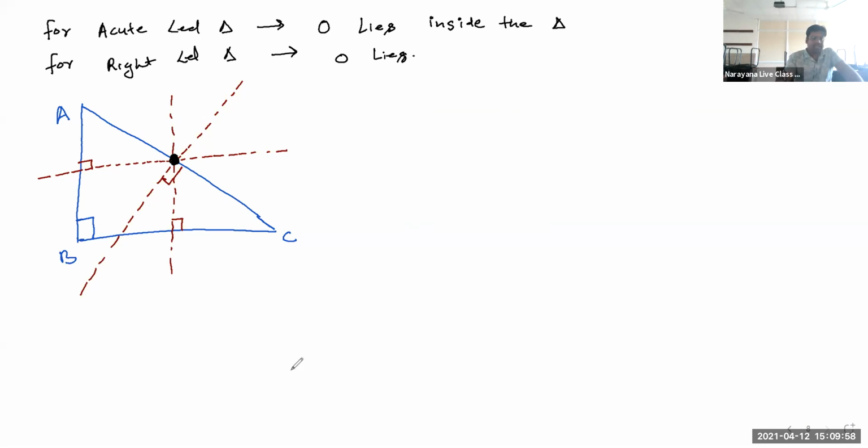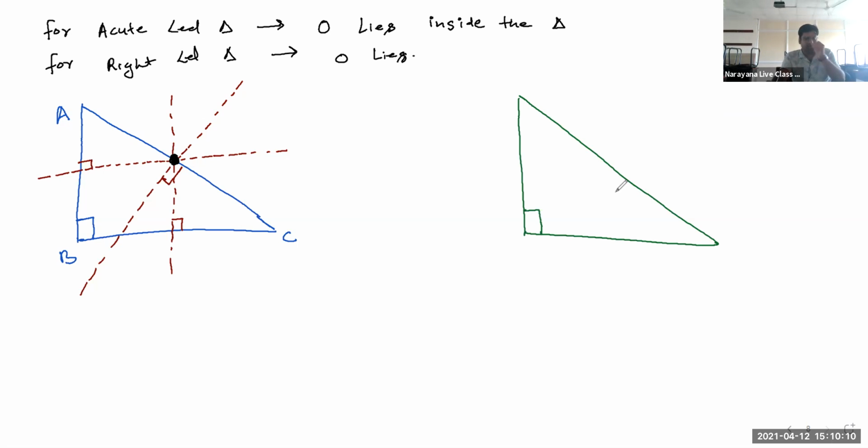This is not the justified way of proving it. You will be justified by this analogy. Just listen once again. Till now you have understood that the circumcenter is a point which is equidistant from all the vertices.